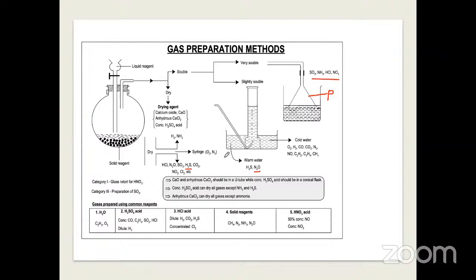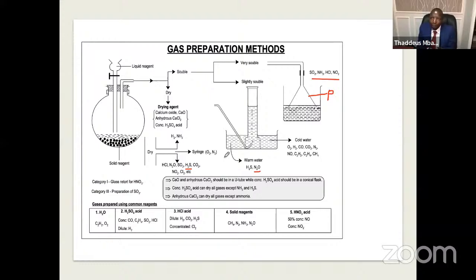I'm saying there are those gases whose mass is between 28 and 32. Those gases have almost the same density as air, and therefore it will be very difficult for them to be displaced downward or upwards.